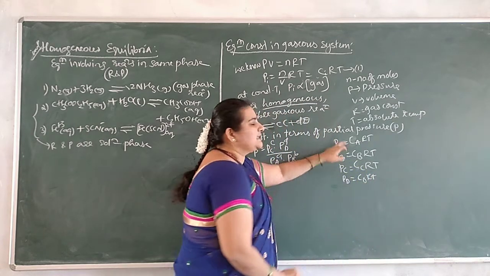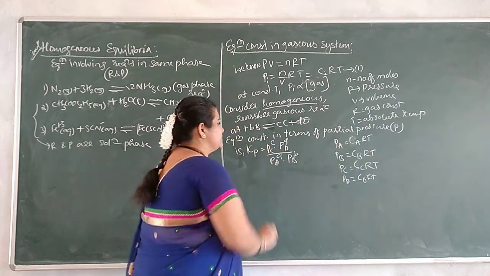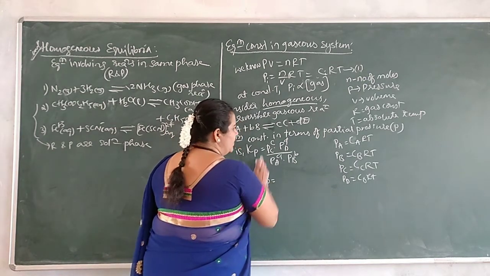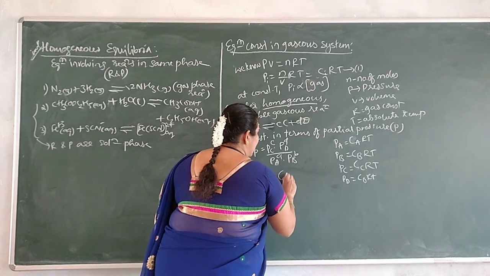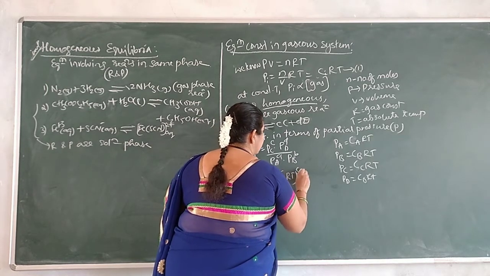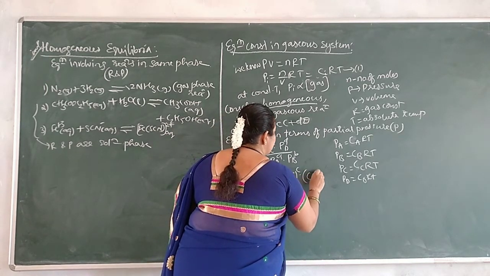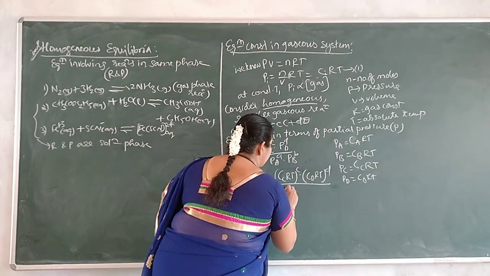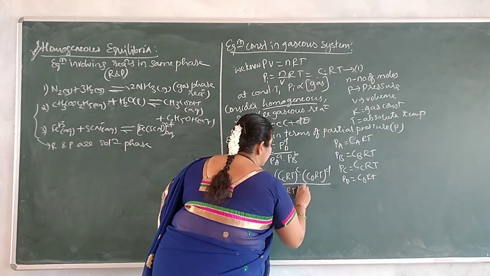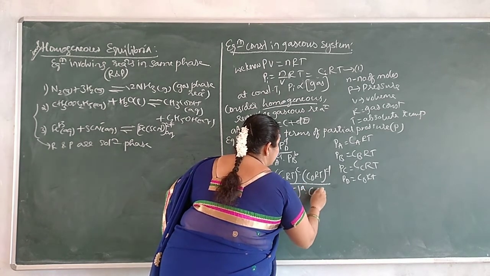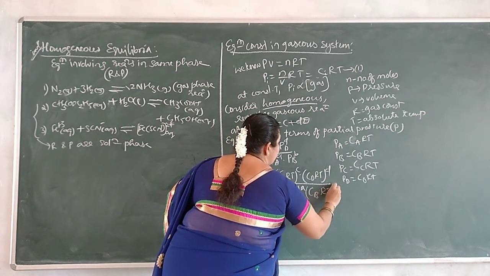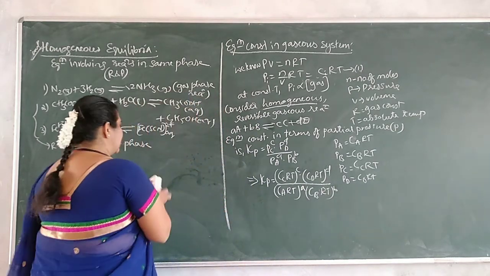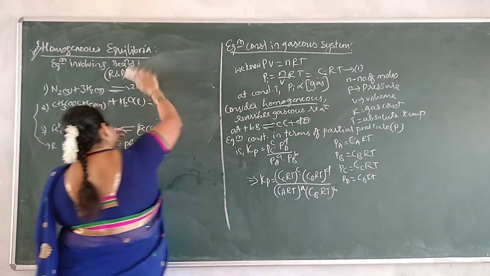Now replace these values in this equation. That implies Kp is equal to CcRT raised to c into CdRT raised to d, divided by CaRT raised to a into CbRT raised to b. Now simplify, taking like terms on one side and unlike terms on the other side.